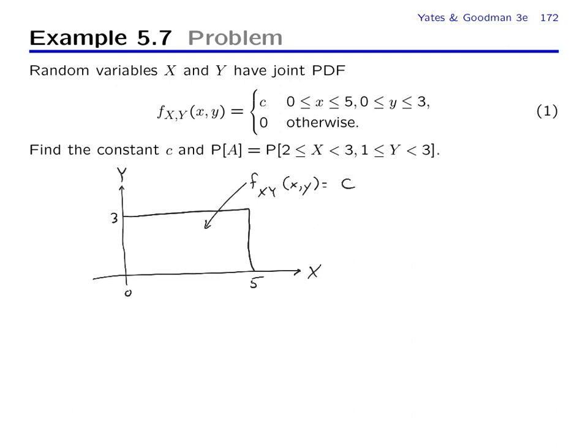And outside of the box, the joint CDF is equal to 0.